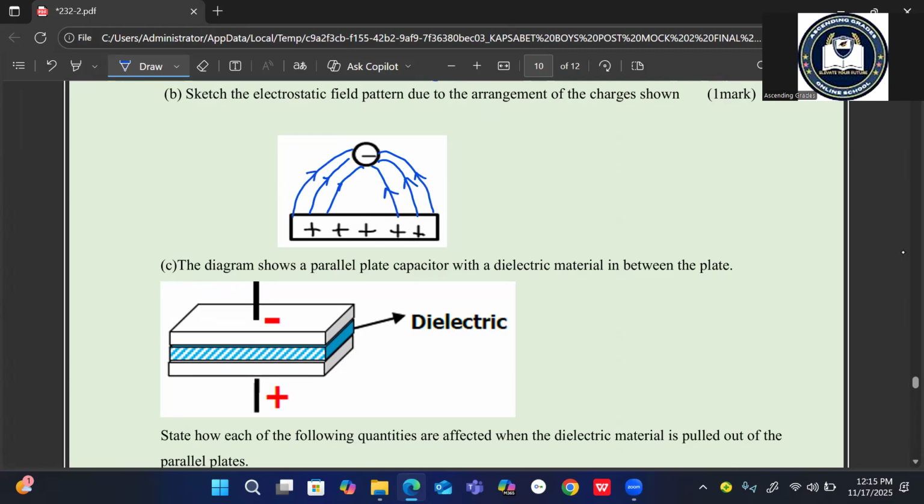The diagram shows a parallel plate capacitor with a dielectric material in between the plates.